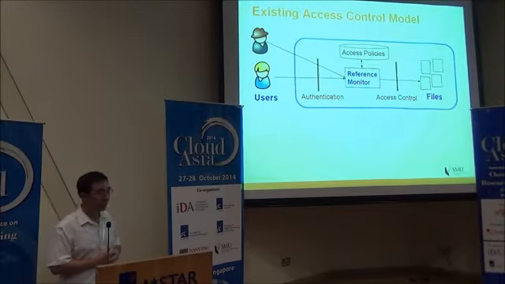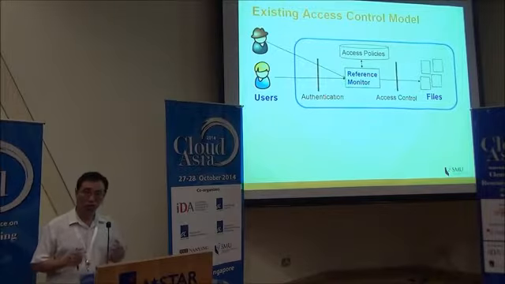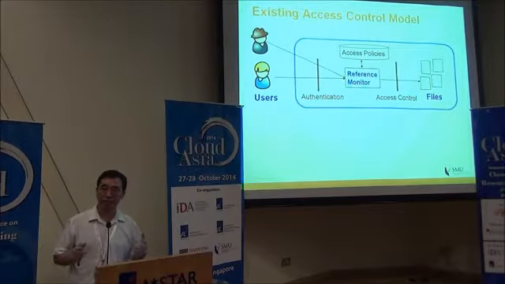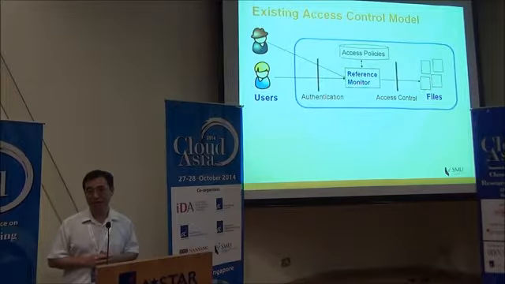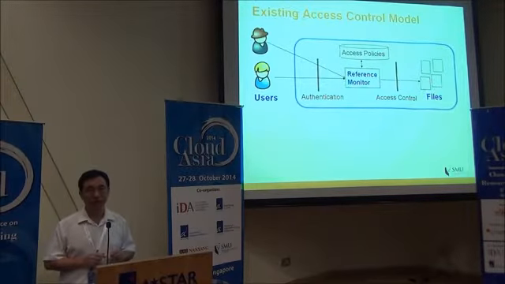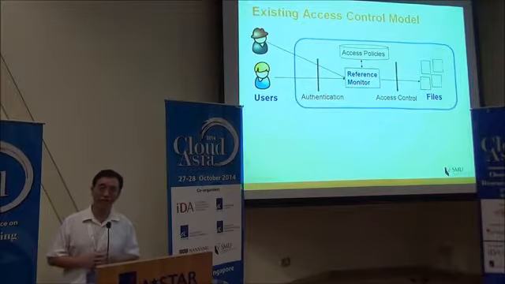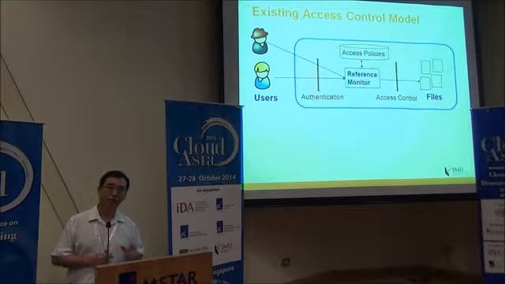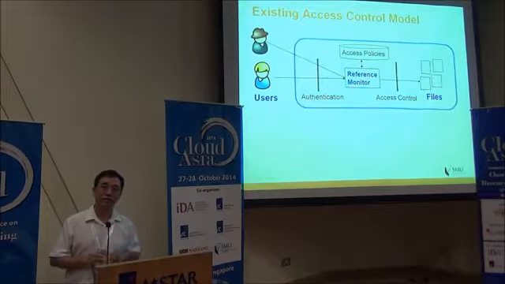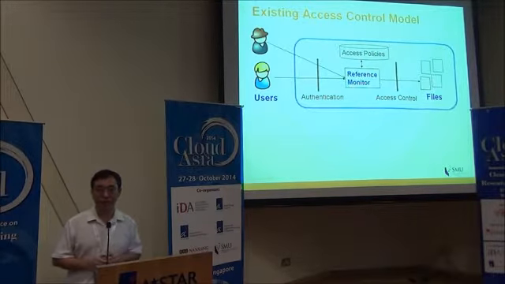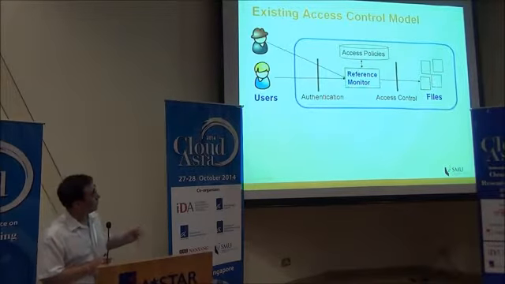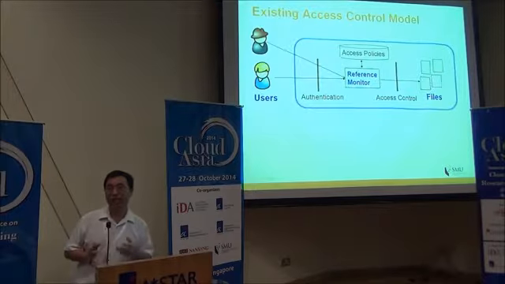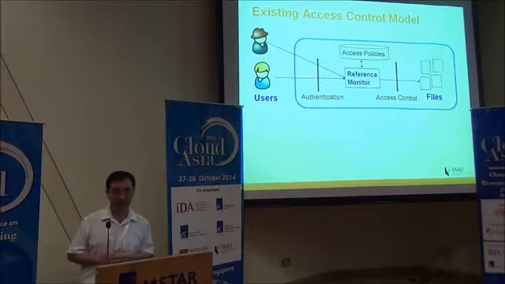Now, what is the root cause of the security and privacy issue in cloud computing? The root cause is that all those services follow the traditional access control model, the computer security model. In that model, within the rectangle, let's say that is the computer system or the cloud system.